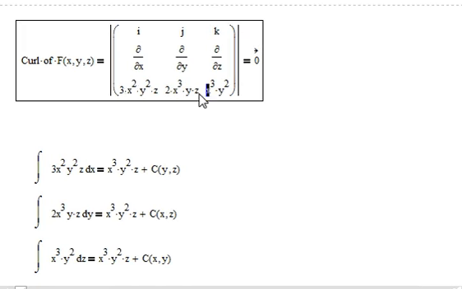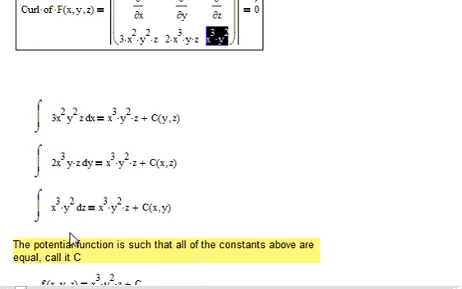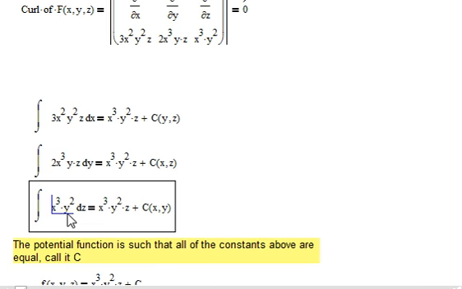Similarly, we integrate this one with respect to z, and of course x squared and y squared is just a constant, so a constant times 1 dz is just x cubed y squared z plus some function of x and y.